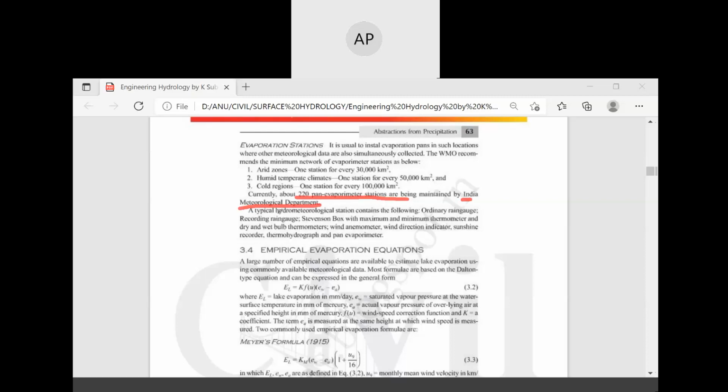A typical meteorological station contains the following: ordinary rain gauge, recording rain gauge, Stevenson box with minimum and maximum thermometers. You can buy this book from Flipkart and Amazon also. It is a very good book for hydrology.